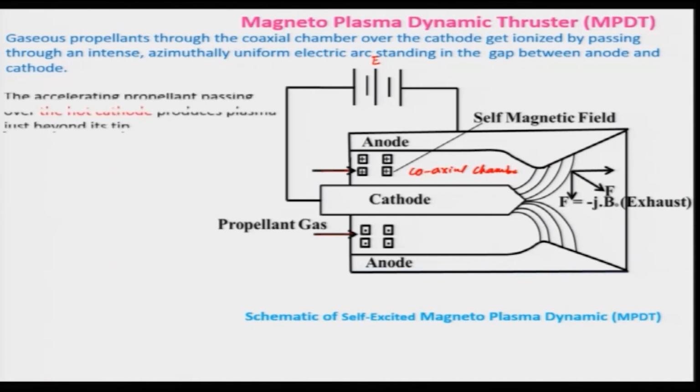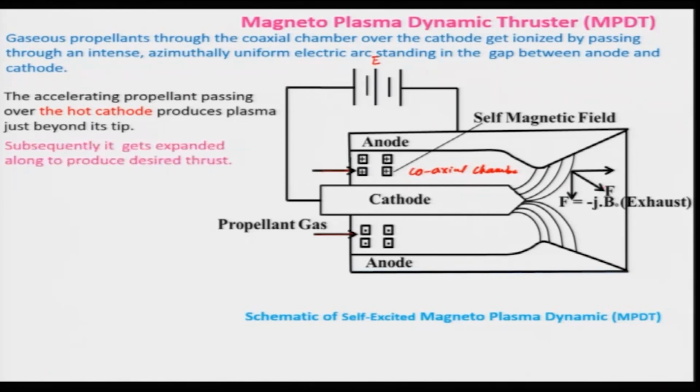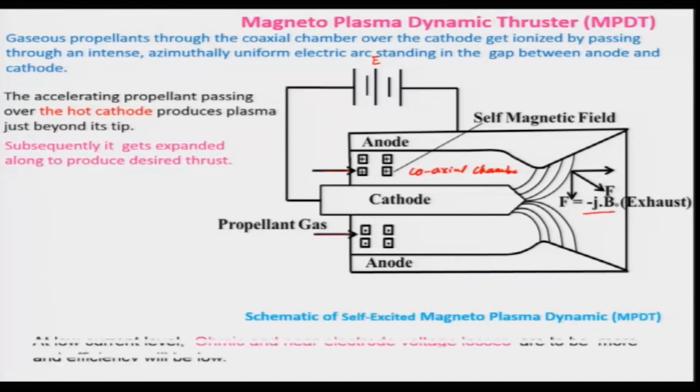The accelerating propellant passing through produces plasma just beyond its tip, and subsequently it expands to produce the desired thrust. That is your J cross B, that is your exhaust, the magnetic field, and this is the current density.